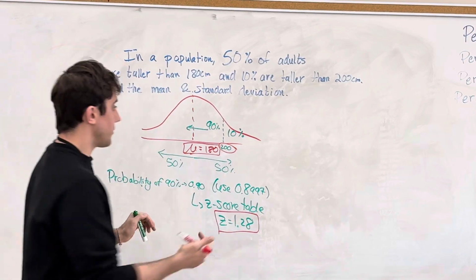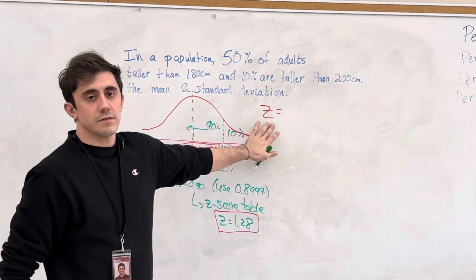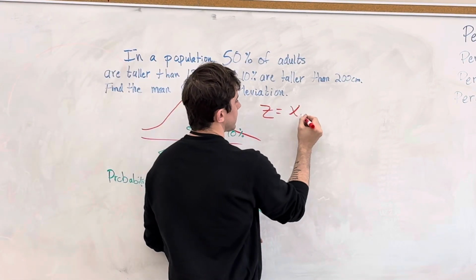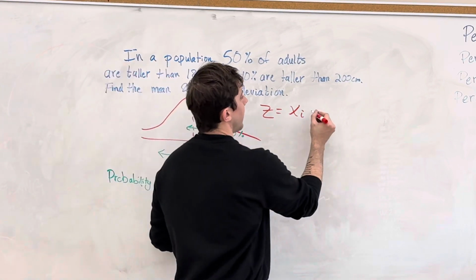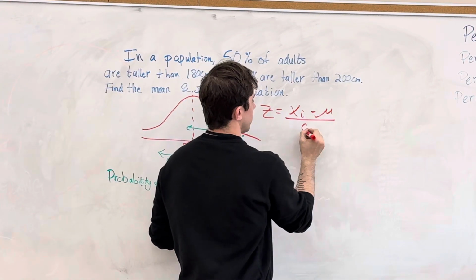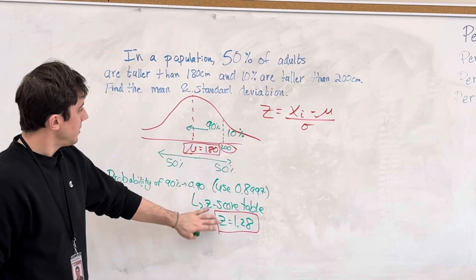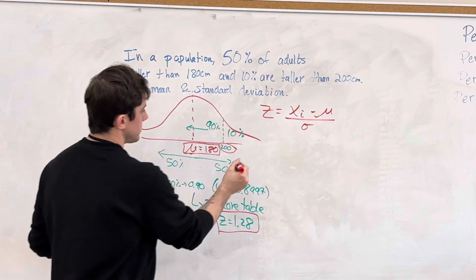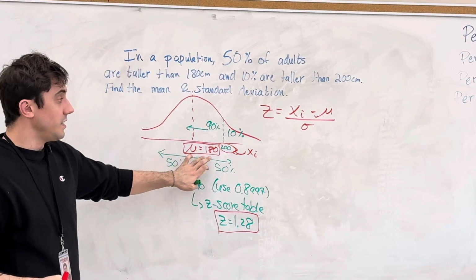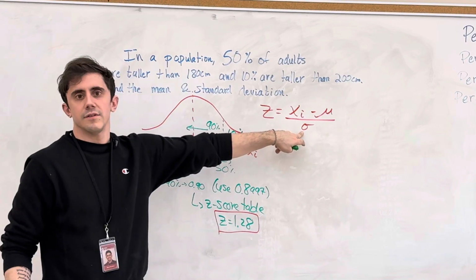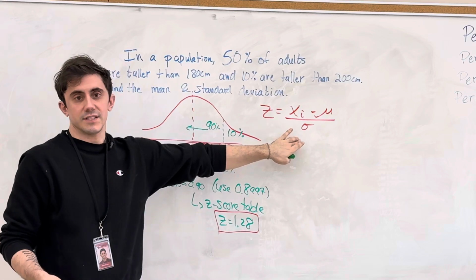Now we can use that information along with our z-score formula: z is equal to xi, meaning the individual data point we're going to use, minus our mean, divided by our standard deviation. We have z, we have the individual data point xi, and we have our mean, so we can solve for the standard deviation, because that's the only unknown left in this equation.